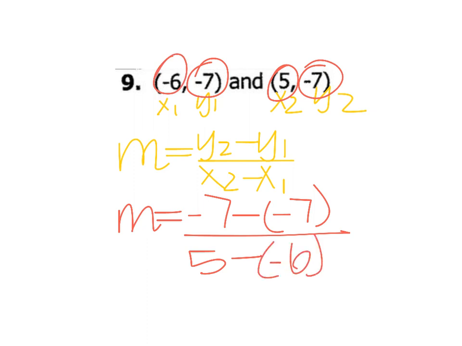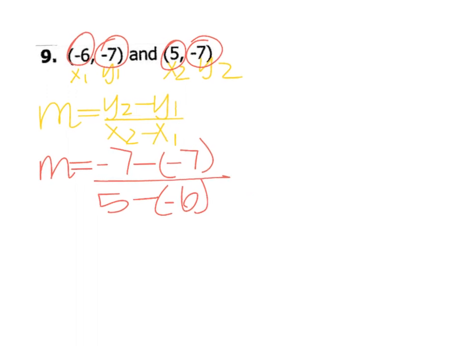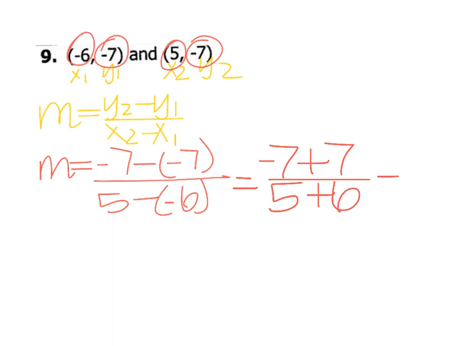So then we get, moving it over so we have some more space, negative 7 minus another negative 7, so it becomes plus 7 over 5 plus 6. This gives us 0 over 11.